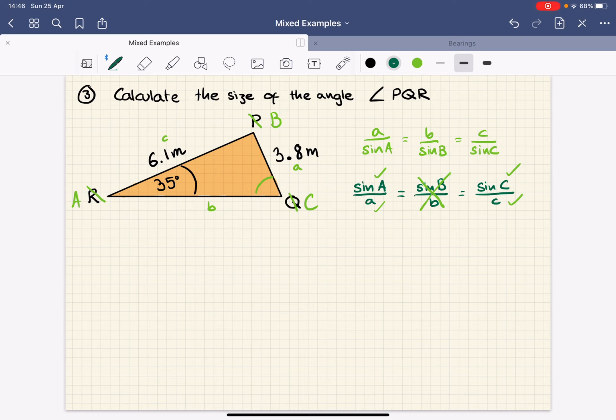So then I want to substitute what I have into my formula. So my A is that 35, my lowercase a is the 3.8. Still don't know what sine C is. And then my lowercase c is at 6.1. And now I need to do my rearranging trick. Sine C is the thing I want. So I write sine C equals, multiply across that diagonal.